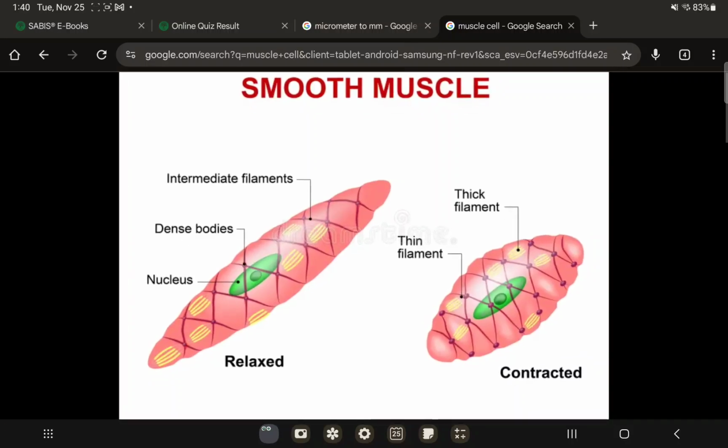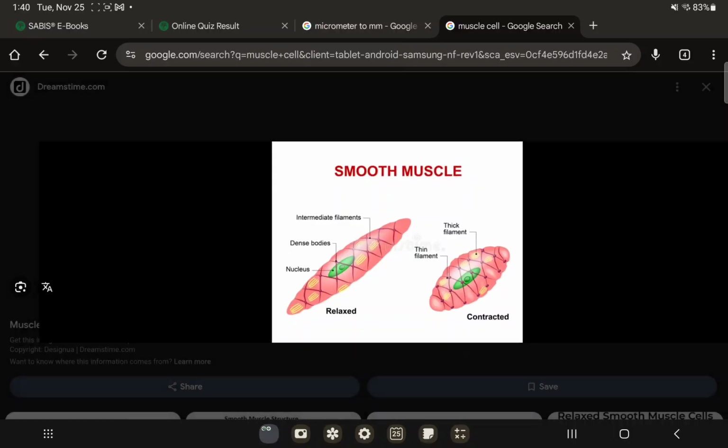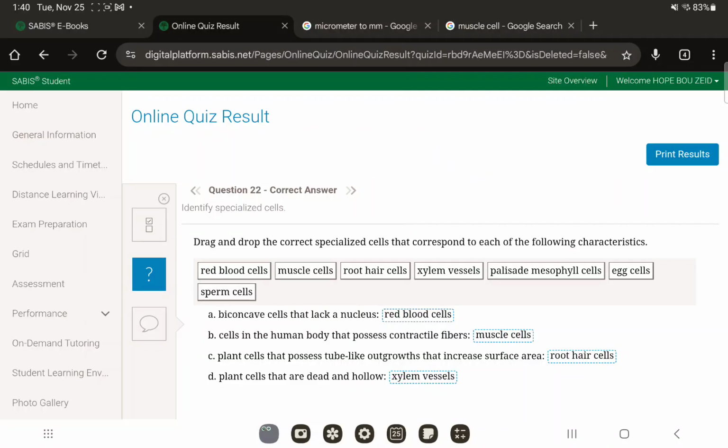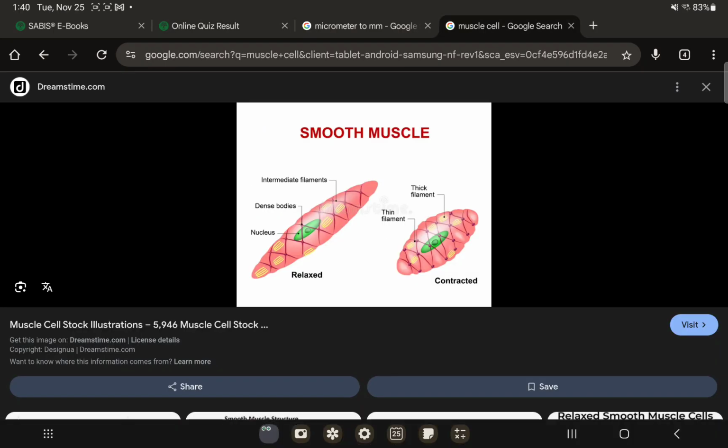So this is generally what they look like. They have filaments, which are also kind of fibers that help it contract, or is the reason why it contracts. So contractile fibers.